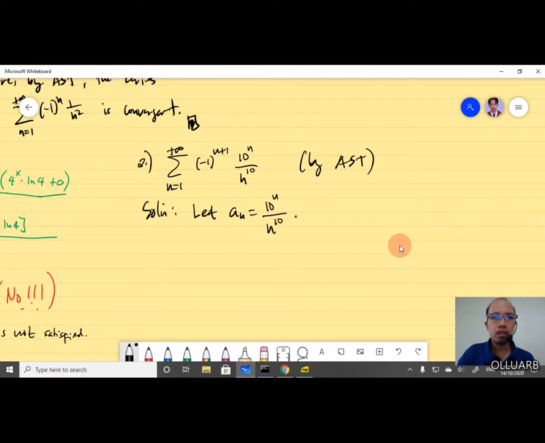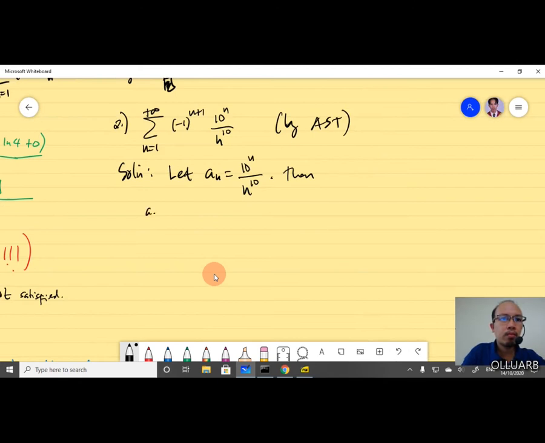Okay, then first, let's show that the sequence a sub n is positive valued. Letter A, positive valued.